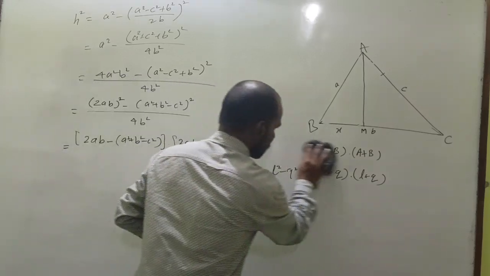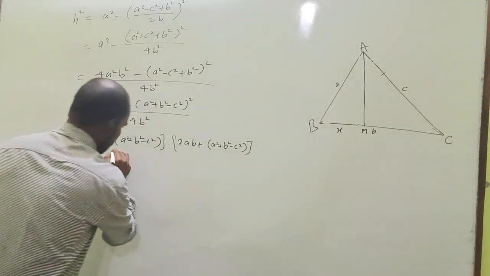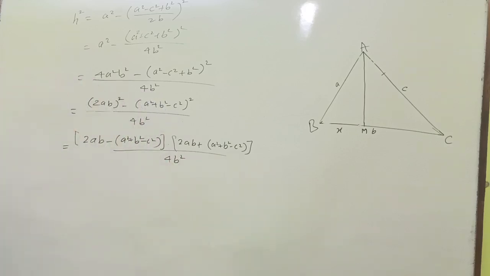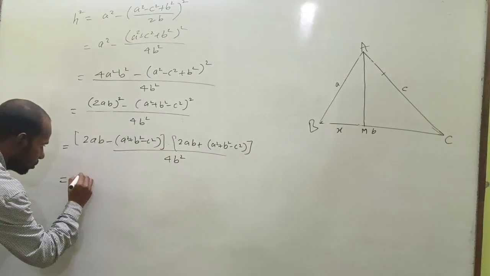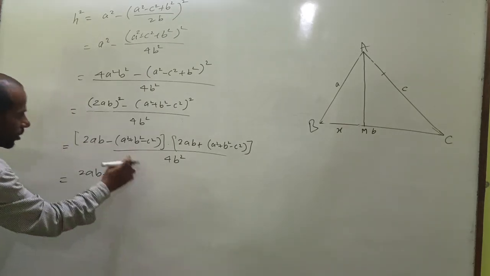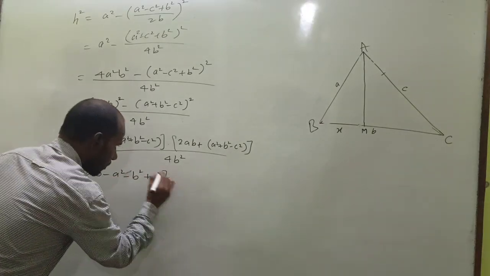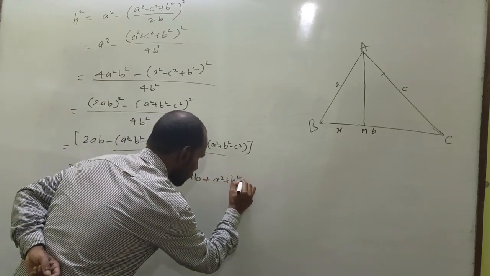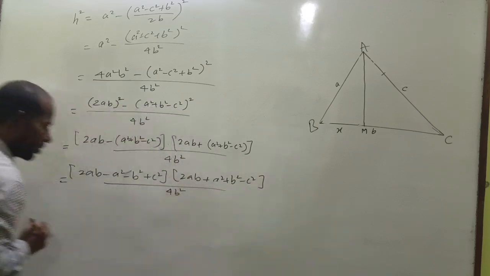Now erase this formula, this identity, to use this space. The denominator of this was already 4b square. Now arrange this term, open this bracket and then the bracket under this bracket. So 2ab minus a square, and that would become minus b square and plus c square in one bracket, and in this bracket we can write 2ab plus a square plus b square minus c square, and the denominator is already 4b square.